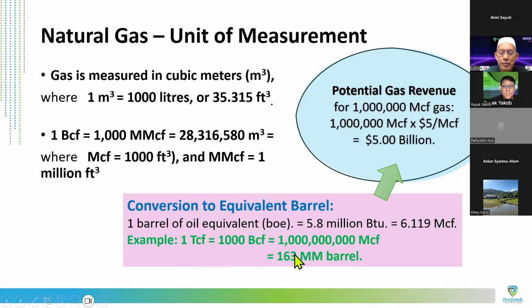That means you need about 1 TCF of gas to really put it on production and make it economical to produce. So that's more or less a guideline KPI for the value and economics of a potential project. Okay, 1 TCF is a good number.